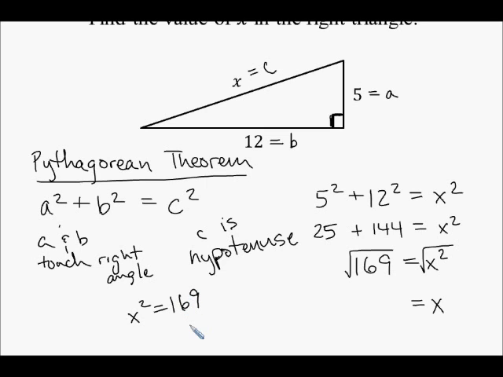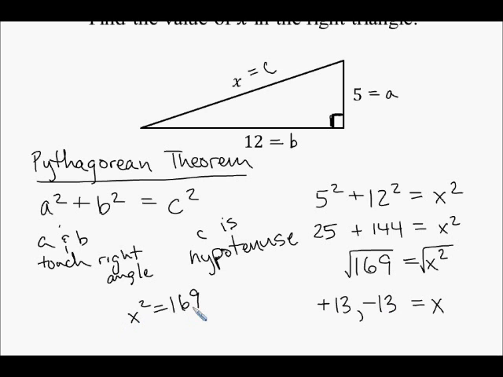So whatever the square root of 169 is, we have to consider the positive case and the negative case. If we take the square root of 169, we get 13. So positive 13 and negative 13 would actually work here. If we squared 13, we'd get 169. If we squared negative 13, we would also get 169.